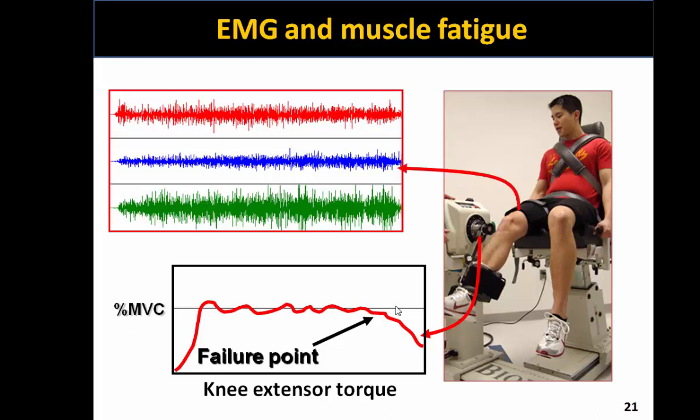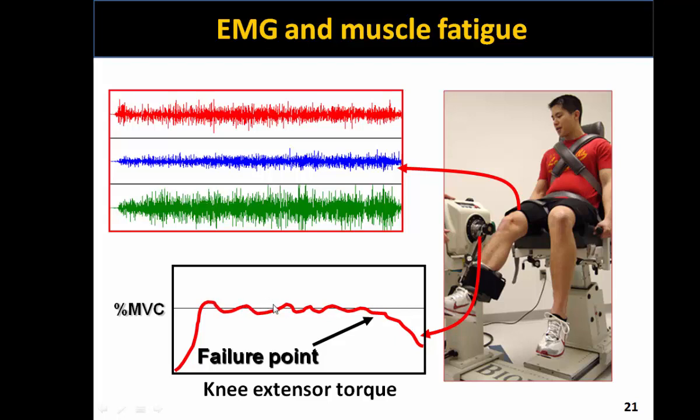And so what we saw in a study such as this, by simultaneously recording the electrical activity, the EMGs, from those muscles, is an indication of whatever pattern might exist in the EMG when the force level is held relatively constant.